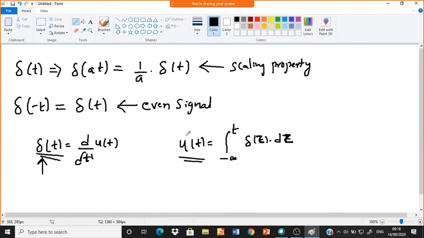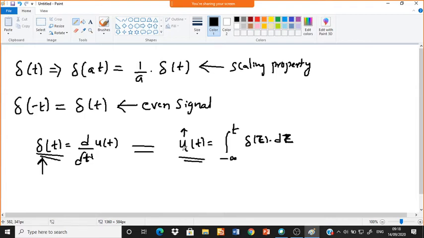This will give you back the unit step function. So these are the two important equations you will use for arriving at the impulse function from u of t, and the unit step function from the impulse function. So these are the impulse function properties.